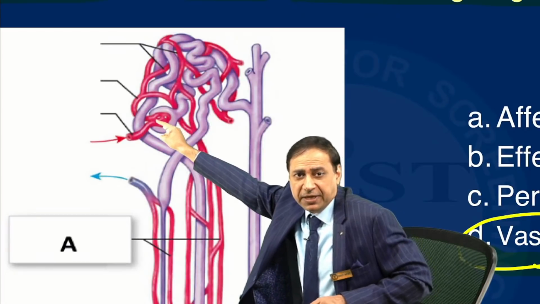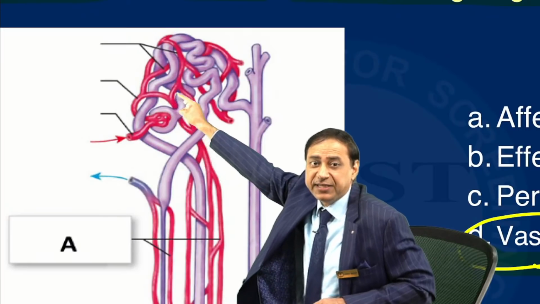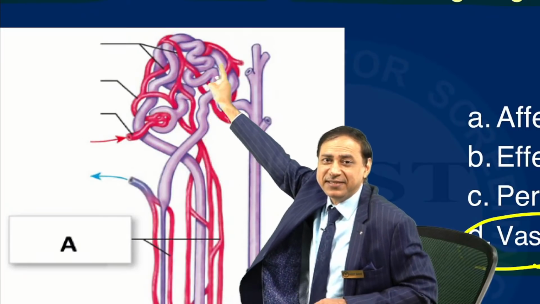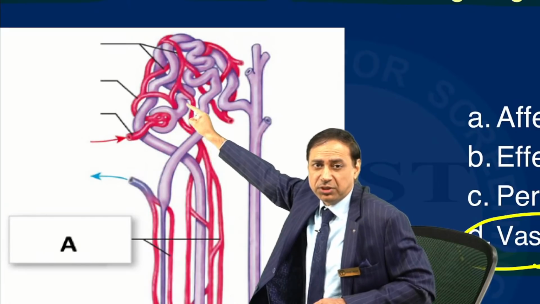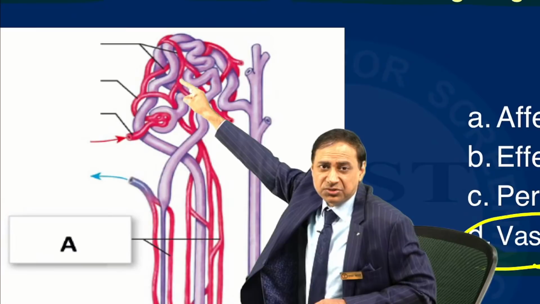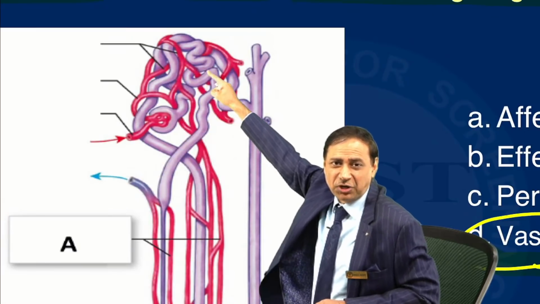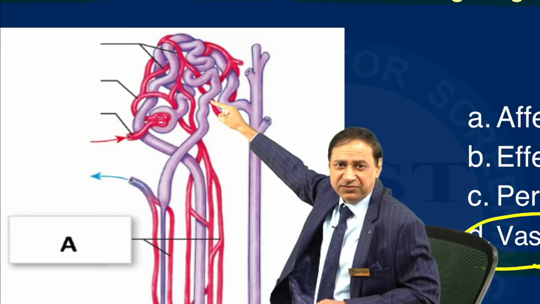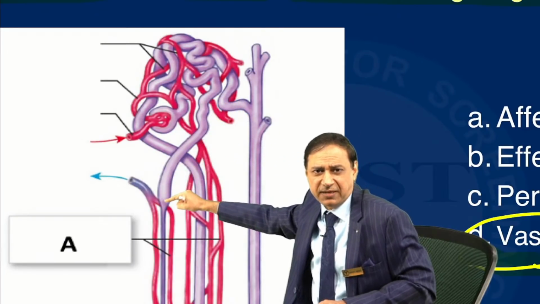Now, blood will go this way. So these are peritubular capillaries. And from Bowman's capsule, this will go this way. So this is all PCT, proximal convoluted tubule. What will the proximal convoluted tubule become?